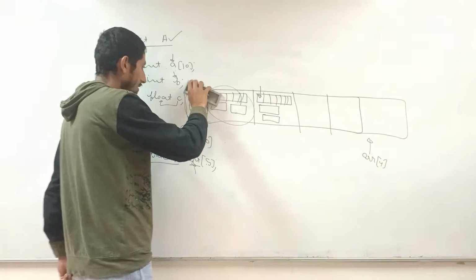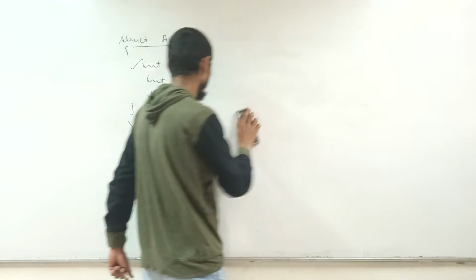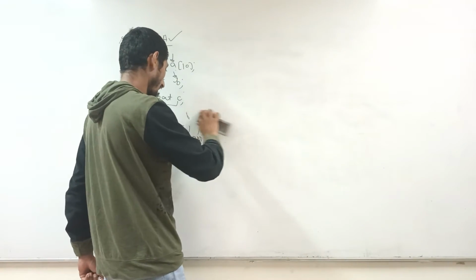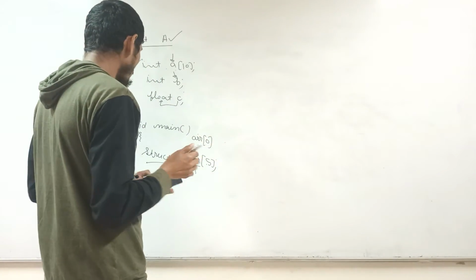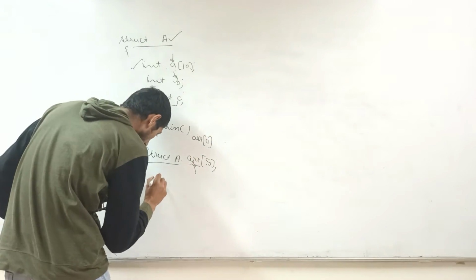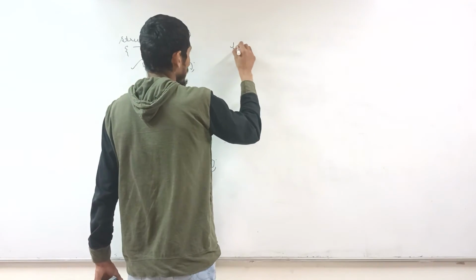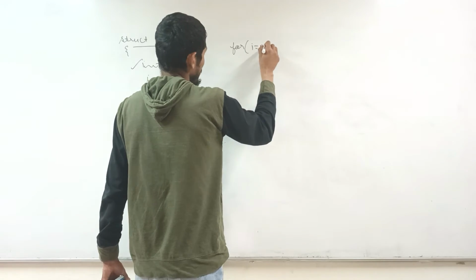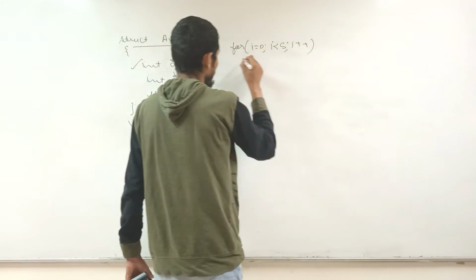Okay, let me make the program for you. So let me take a variable int i. Let me apply the for loop for i equals 0, i less than 5, and i plus plus.